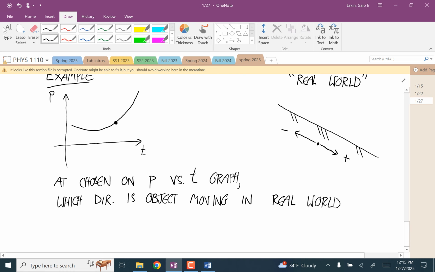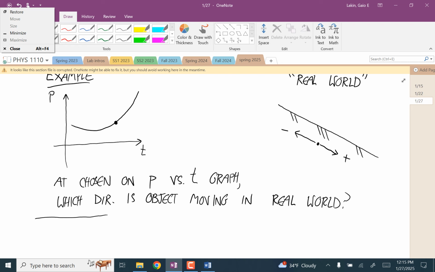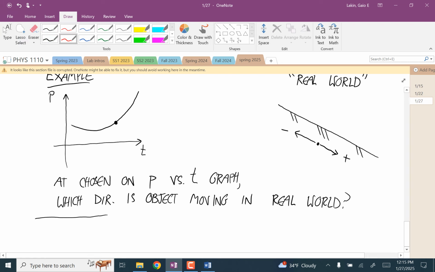So what we're going to do is look at this position versus time graph, figure out the slope of the tangent line. So I'll draw the two nearby points. The tangent looks like this. Like you said, that has a positive slope.